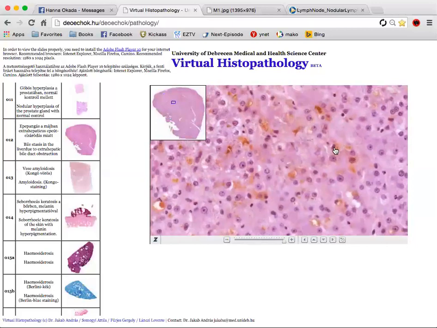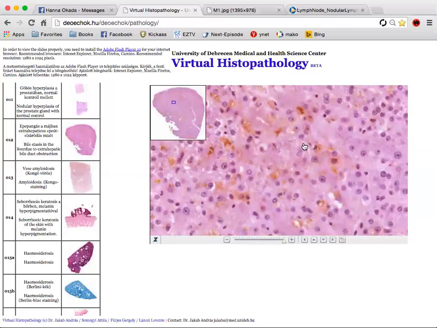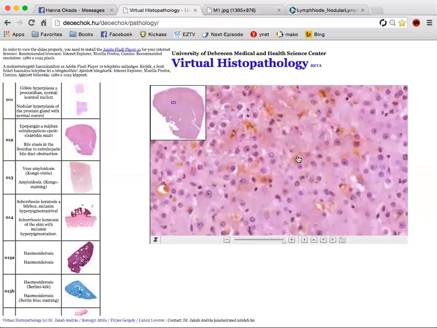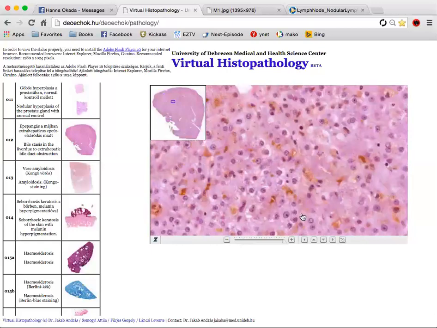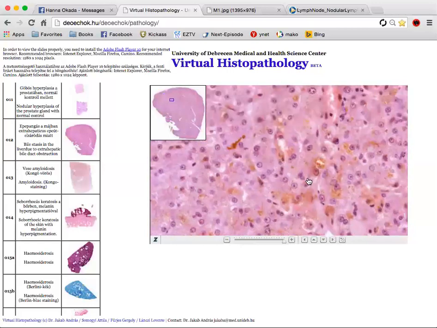You can also see all this pigment, and all this pigment is bile. You can find it intracellularly, like here, and also in the bile canaliculi and the larger bile ducts.